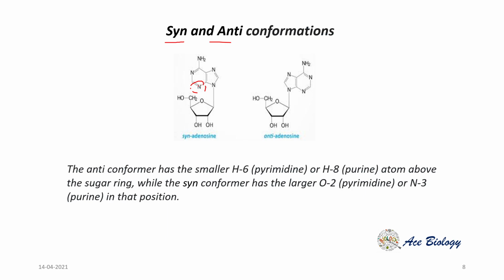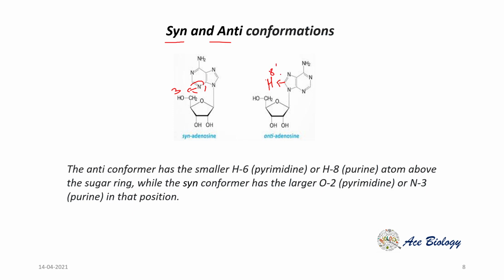Now this is N3, the third nitrogen. Okay. And here in this case, both of these represent purine nitrogenous bases. Okay. So here in this case, like in anti-conformation, we'll be having a hydrogen atom here, and it is the 8th hydrogen atom.